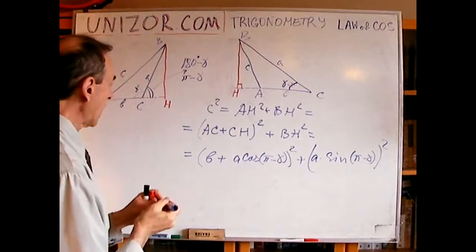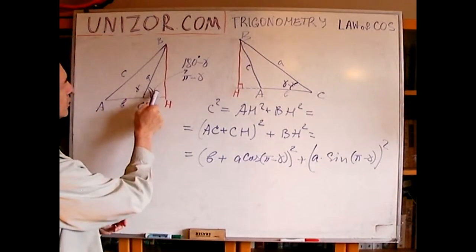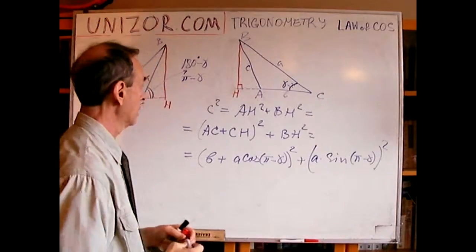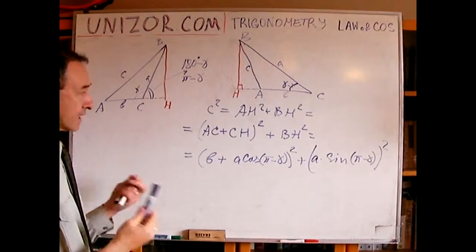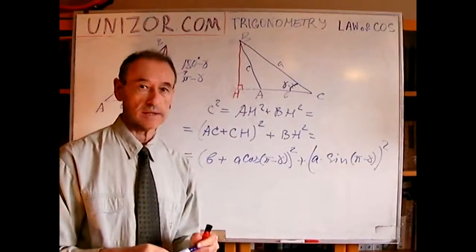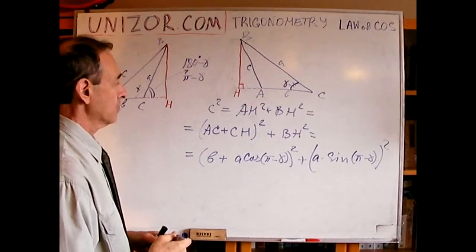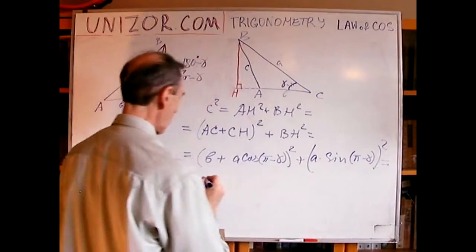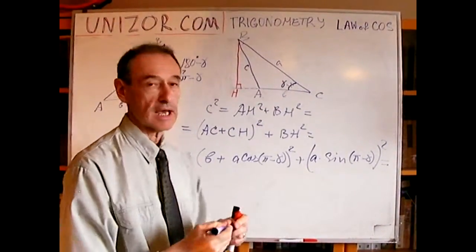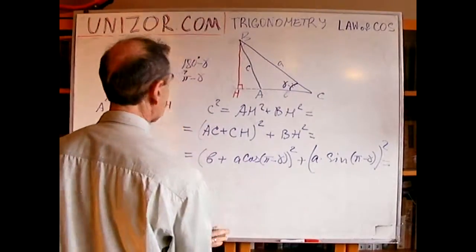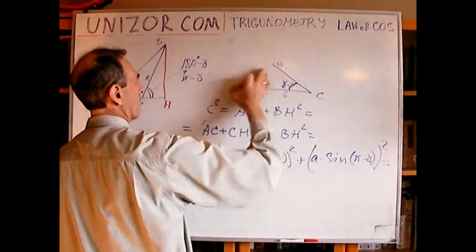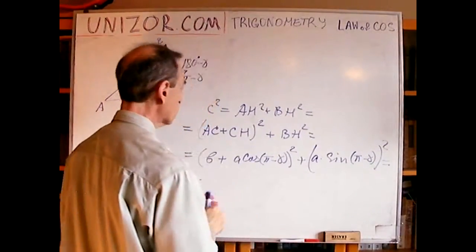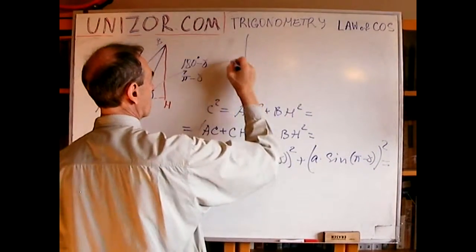So instead of the angle gamma, now we are using an angle which is equal to pi minus gamma, and that presents just, you know, a slight difficulty. But now let's consider this. Okay, we do know the properties of the functions sine and cosine, so let me just put it there. I don't want to do it from memory.